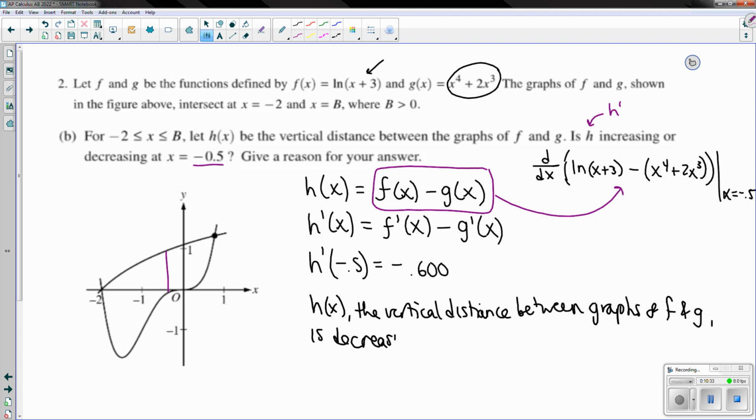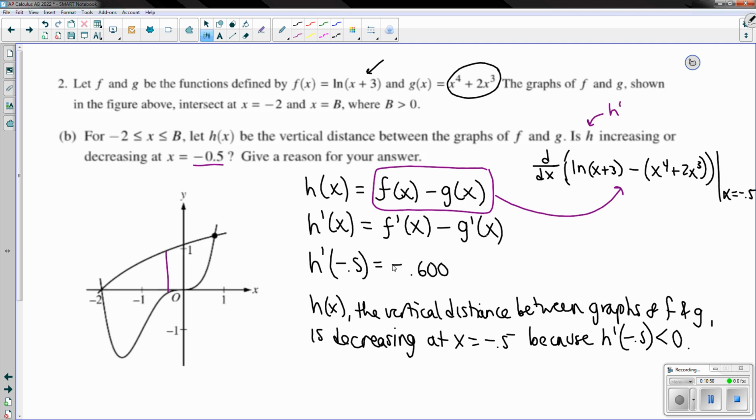We're going to specify where, right? Because it could potentially not be decreasing at other points. At x equals negative 0.5 because h prime of negative 0.5 is less than 0. So we gave a reasoning, we gave a final answer. It is decreasing. The reasoning why is because the derivative is negative at that point.